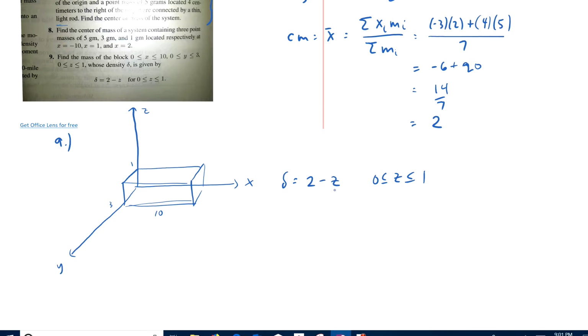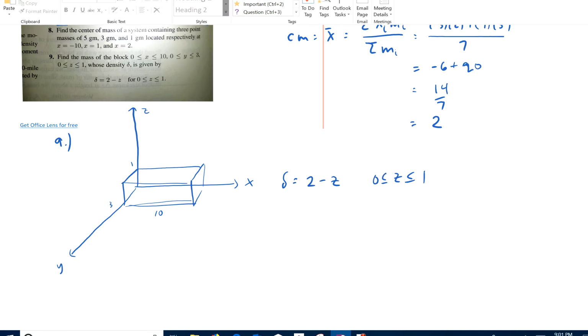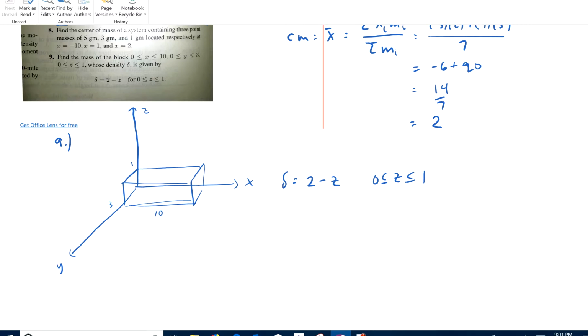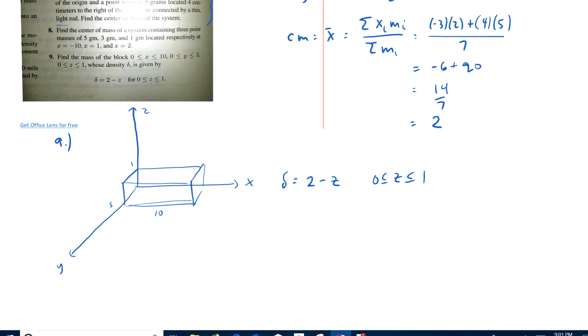Well, by telling me the density depends on z, that means you tell me a z value, which is a height value, then this formula tells me what the density is. So at any z, see if I can get a different color here, which probably you can't see because it's behind my marker, so we'll just go with this.